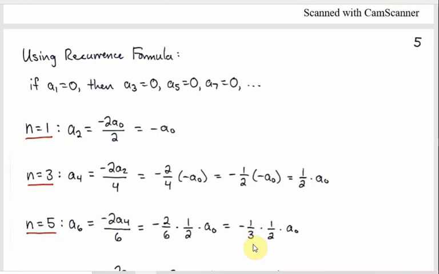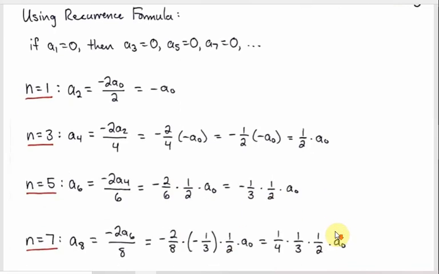And I'm writing it like this just to make the factorial more obvious. So I saw this and I went, okay, yeah, that is going to be negative 1/3 if you simplify it. But I can also rewrite this so there's a 3 multiplied by 2 in the denominator, right? And that's a 3 factorial. If n is 7, a8 would be negative 2a6 over 8, but a6 is this.